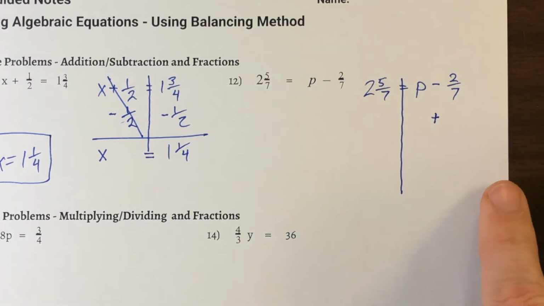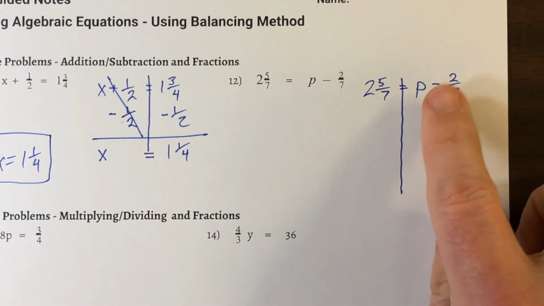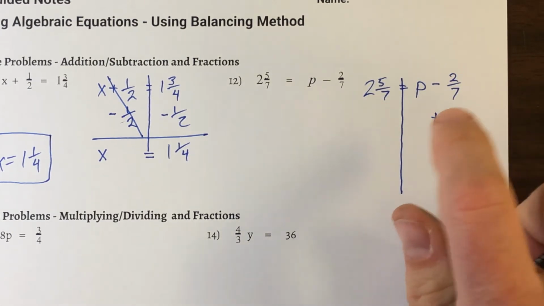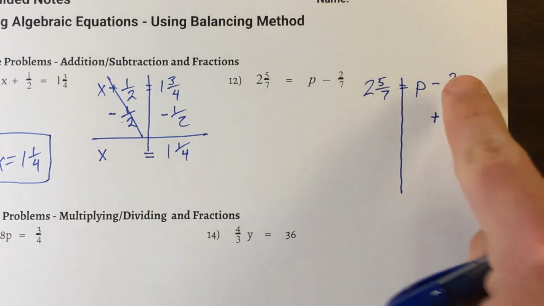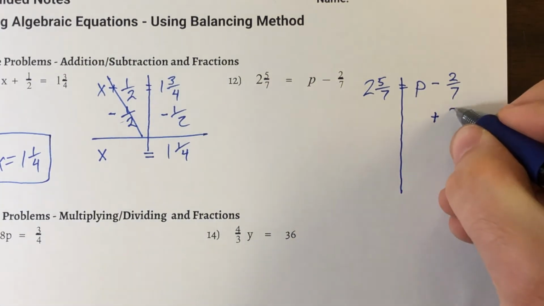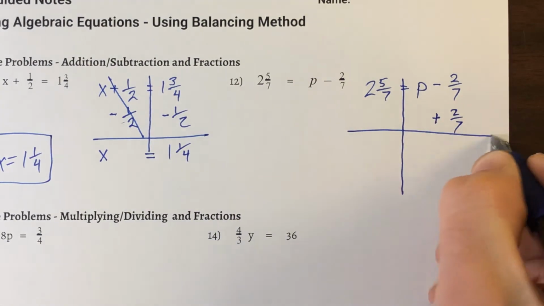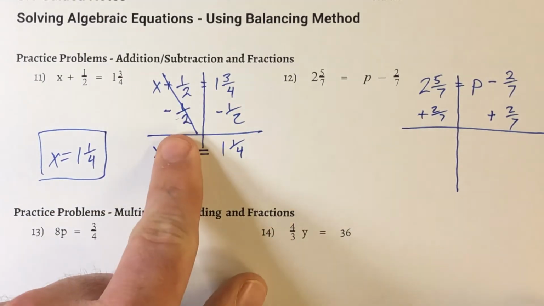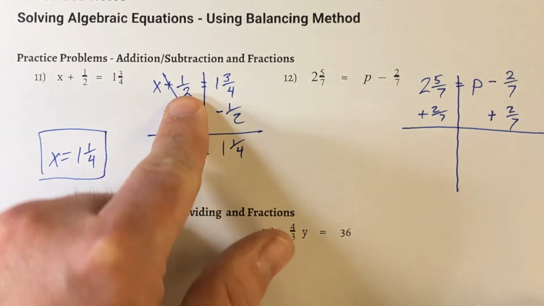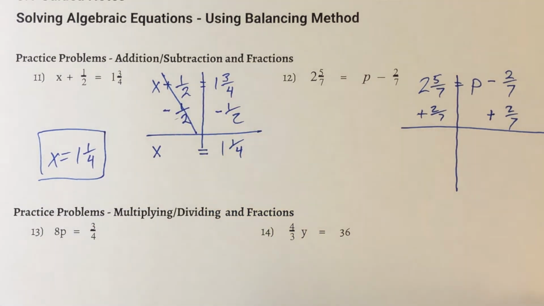And if I have not made it clear yet, you always add, subtract, multiply, or divide by the thing you want to get rid of. So if I want to get rid of the 2/7, I'm going to add 2/7. And again, you do it to both sides. Over here, I wanted to get rid of the positive 1/2, so I subtract 1/2.